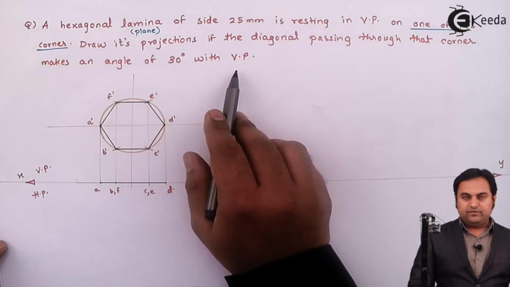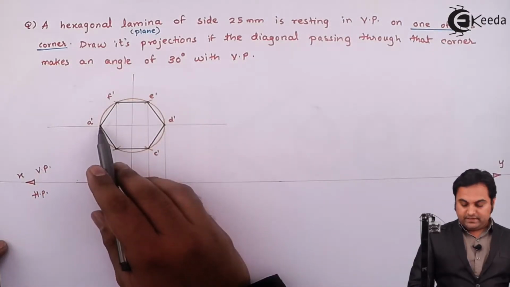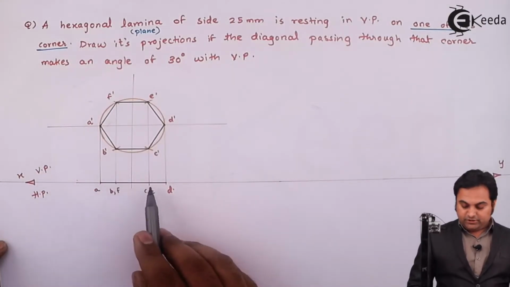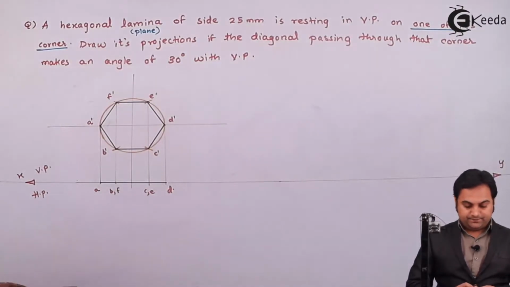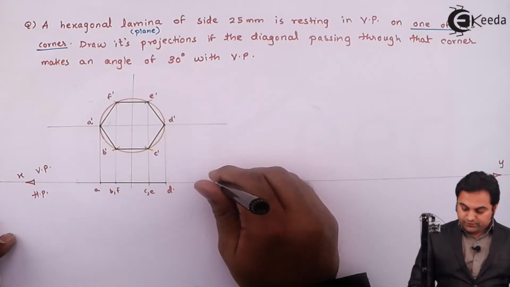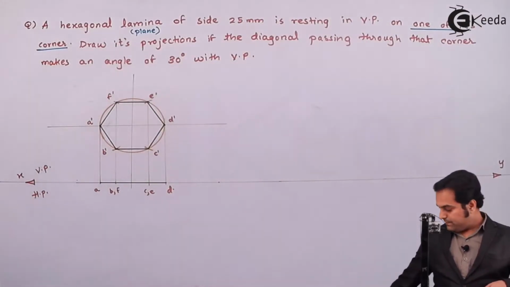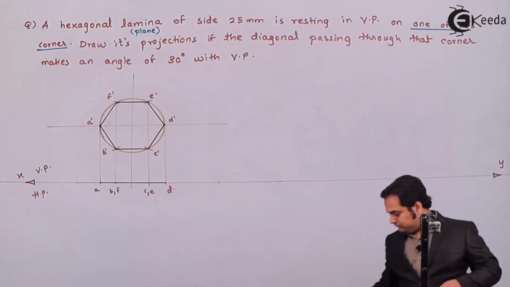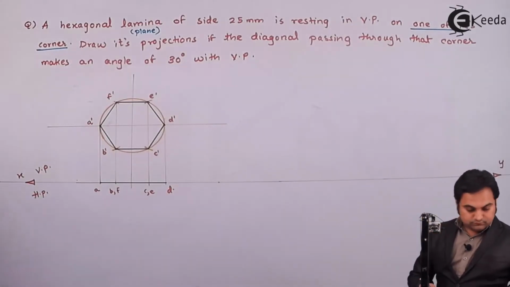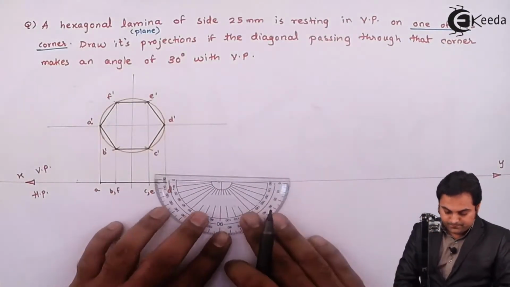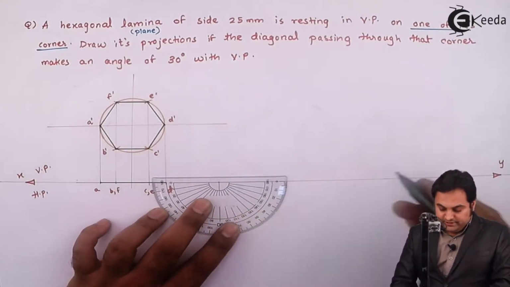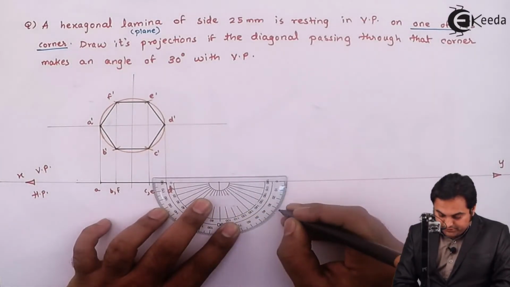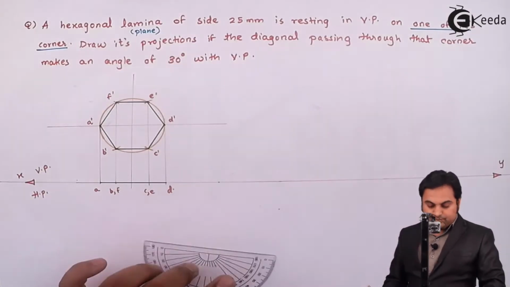So 30 degree with VP will be seen in HP, and that diagonal A dash D dash, in the top view it is AD. So I'll make this line inclined at 30 degree. So selecting a point here. Drawing a line inclined at 30 degree as it is given.